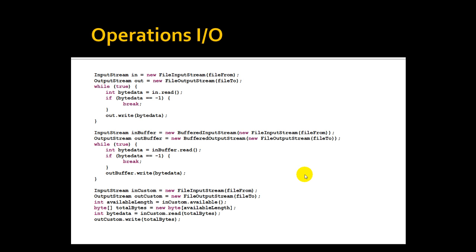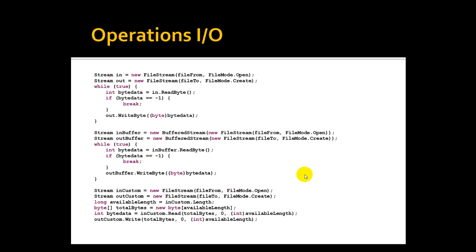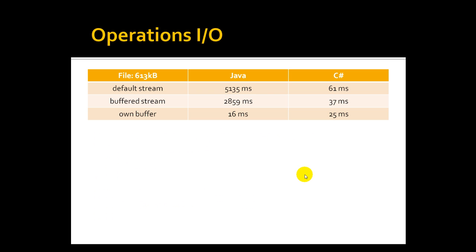Operations I/O. These are the following codes which will be compared. Default stream took 5135 milliseconds in Java, but it took only 61 milliseconds in C#.